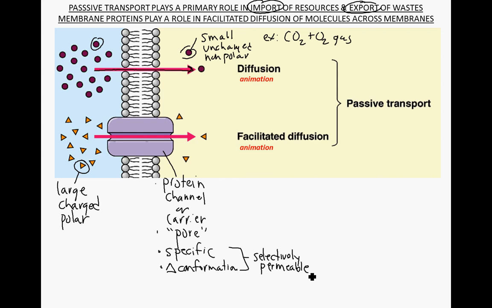Selectively permeable is a little bit more descriptive because you're getting specific things going across there. Regardless of whether you're dealing with a channel or a carrier here, this is still a diffusion mechanism, meaning that these large charged polar things are going to be going down their concentration gradient, randomly moving down a gradient from areas of high concentration to areas of low concentration.